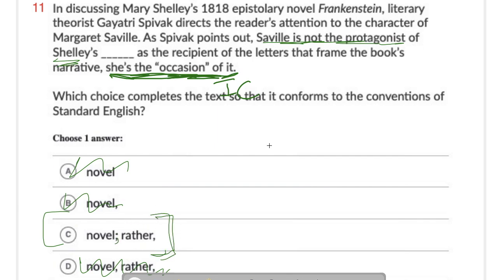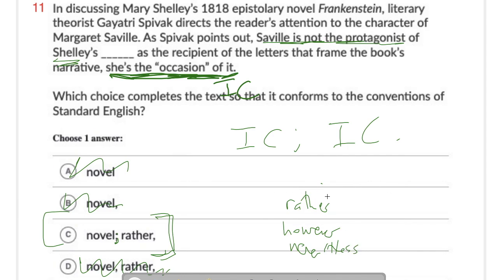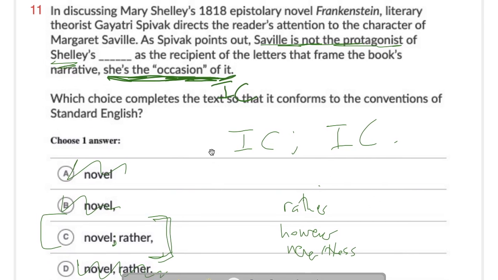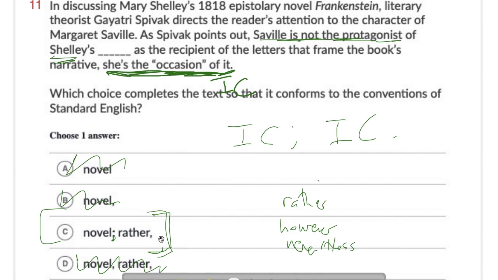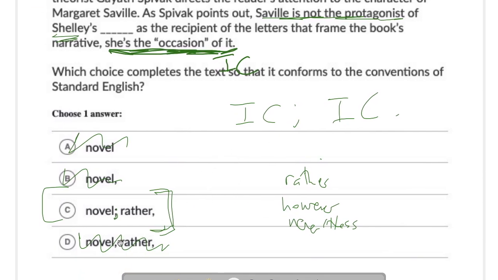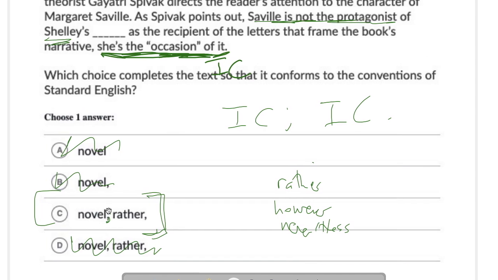So with a semicolon, you can join two independent clauses, whether you're doing so without a conjunction at all, or whether you have a conjunctive transitional adverb, rather, however, nevertheless, therefore, etc. So the video I made entitled "A Couple of Tricky However Questions," which I'll try to link to, applies the same way to words like rather, nevertheless, therefore, etc. You can't just join two independent clauses with a comma followed by one of these words and another comma. You need a semicolon or a period in front of it.